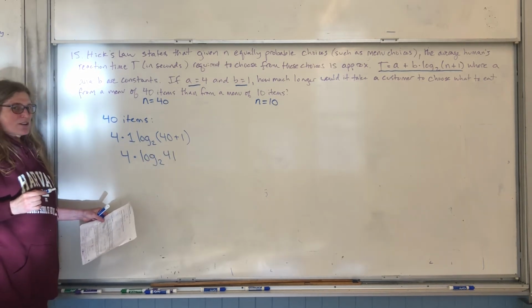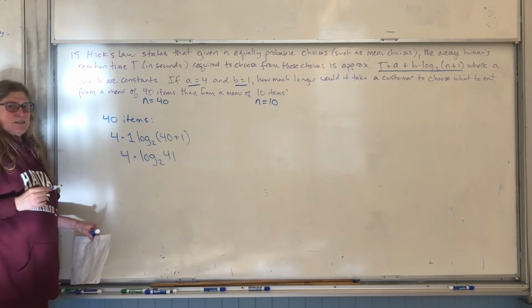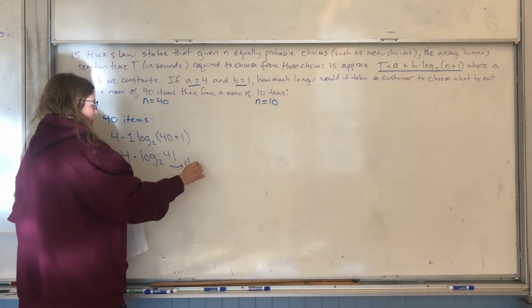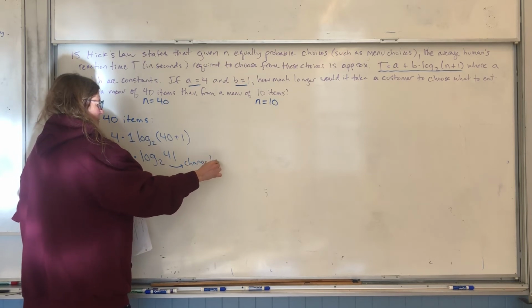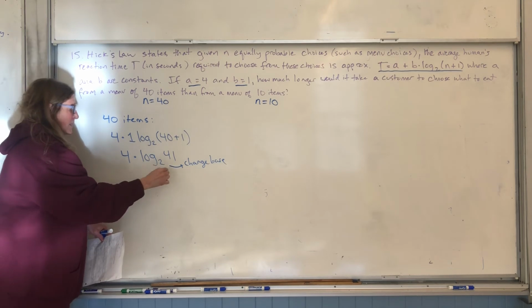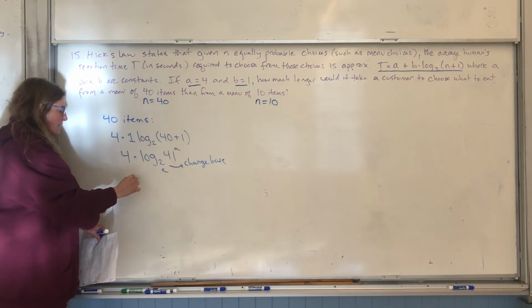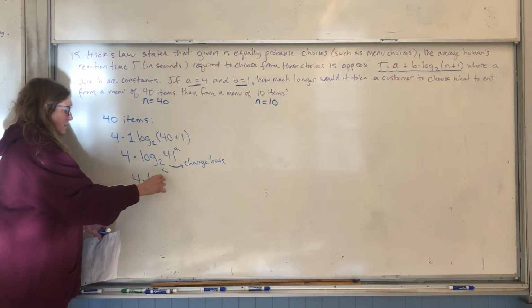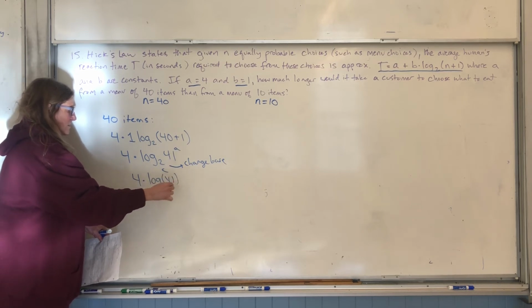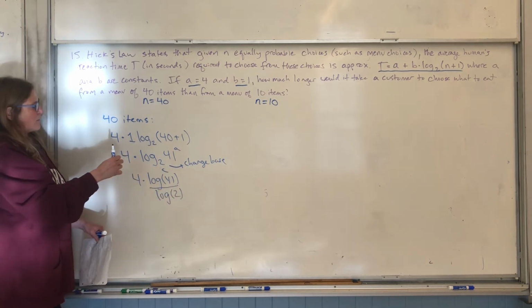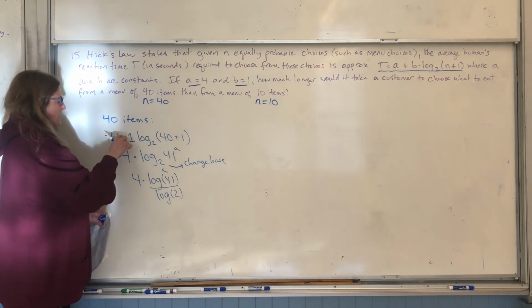Now in my calculator, I don't have a button with log of a base of 2, so I'm going to change the base to 10. That's what we did in the last video. So that's 4 times log 41 over log 2. Sorry, not 4 times, 4 plus. Oops, sorry guys, this is plus.